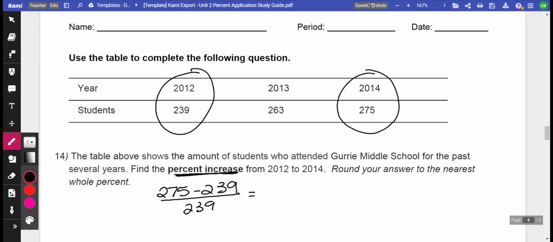So 275 minus 239 gives me a difference of 36, and I divide it by 239, which gives me 0.1506, and there's more numbers after that, but I'm just rounding it to that. And I'm going to multiply this by 100 to make it into a percentage. So that's 15.06, but it wants the nearest whole percent, so that's a 15% increase.